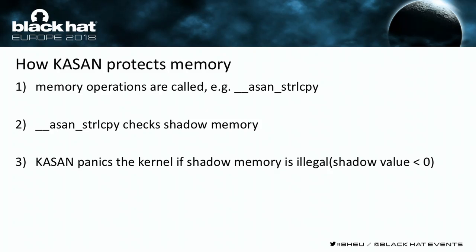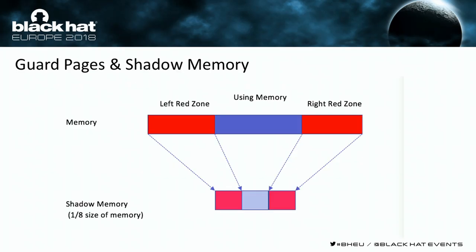And ASAN strlcpy will internally check the shadow memory to check if it is legal. If not, it will panic the kernel to notify the users. Then you can find something wrong, maybe a UAF vulnerability.